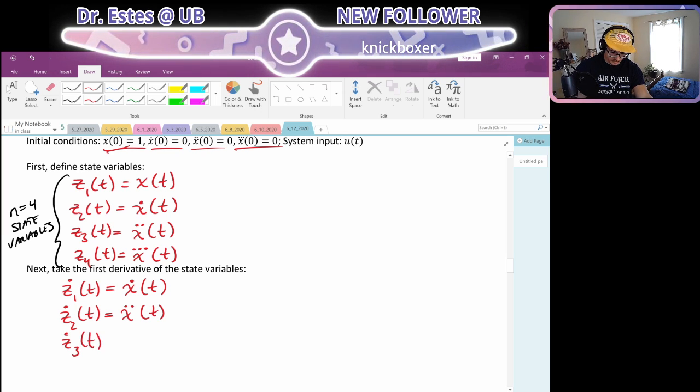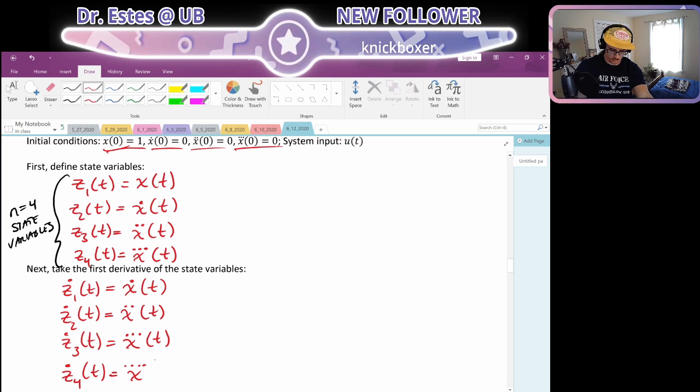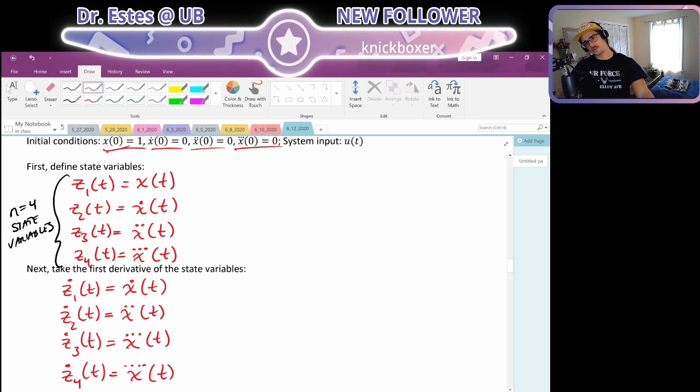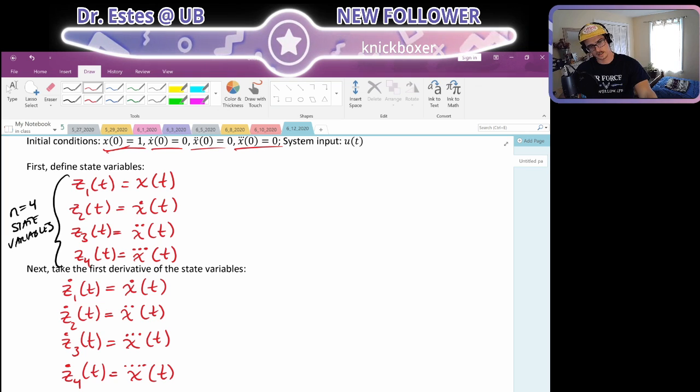And you see how this is going. The derivative of my fourth state is now x quadruple dot. This dot notation only goes so far. I think 4 is the highest I would go, and then I'd probably use that d/dt instead. It can get out of hand.